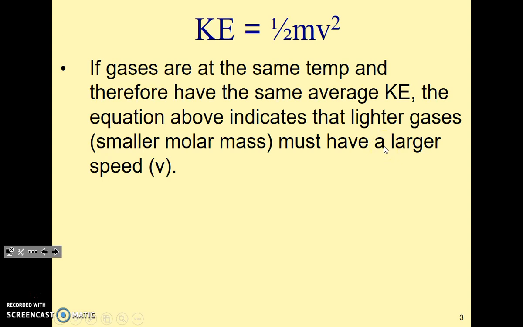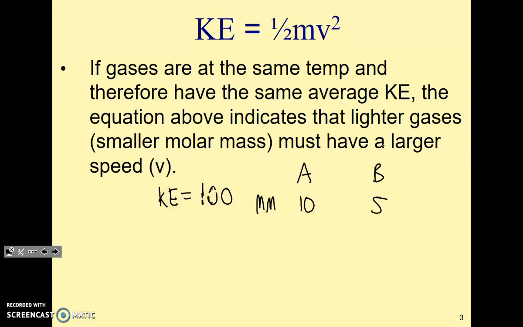Let's look at an example in order to understand that. Let's say we have two gases at the same temperature. It doesn't matter, let's say 300 Kelvin, and just to have a number, their kinetic energy is both 100. Remember, they're at the same temperature, so they have to have the same kinetic energy. We'll have gas A and gas B, and say the molar mass of gas A is 10 grams per mole, and the molar mass of gas B is 5.